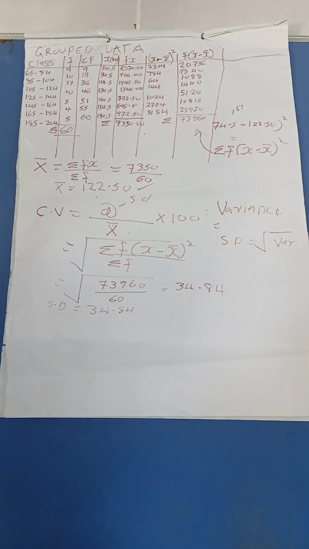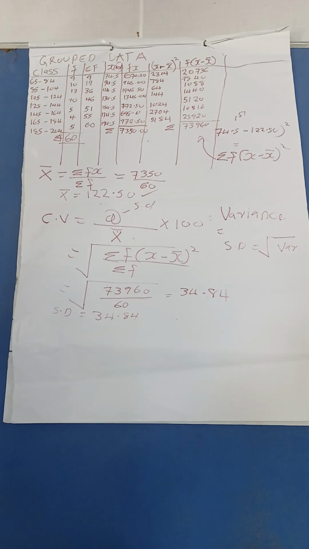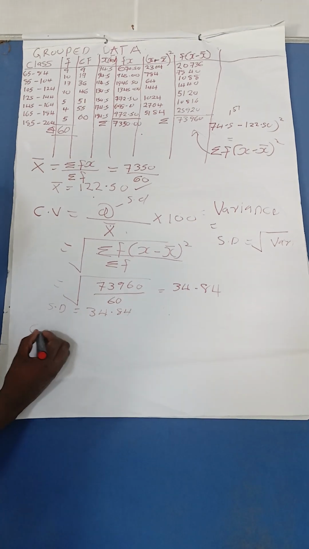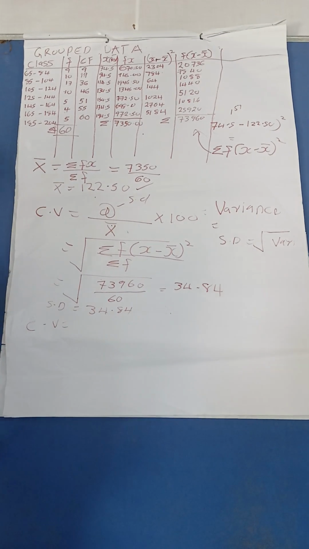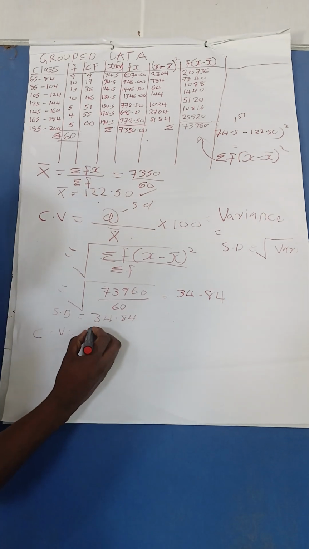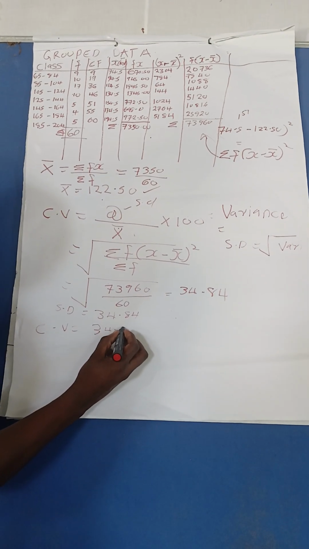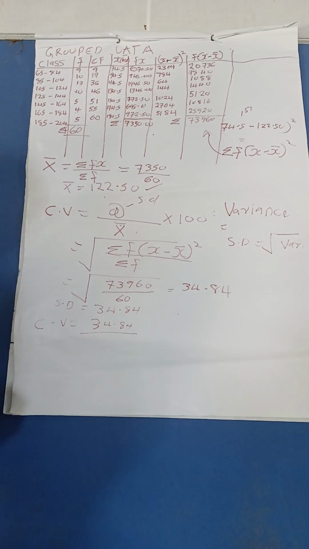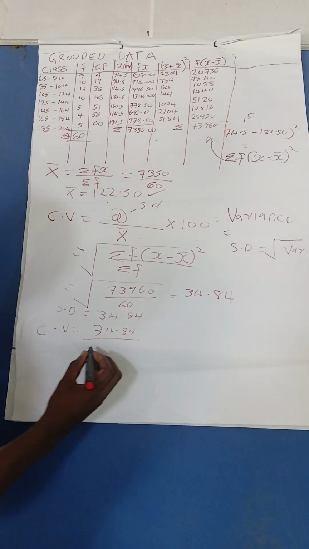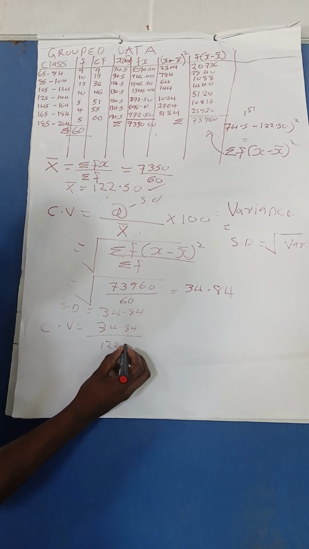Now we go to our question. The question wanted us to calculate the coefficient of variation. Now we already have the items to feed into the question. So the coefficient of variation in this case will be the standard deviation, which is 34.84. You divide by the mean. The mean we already calculated, 122.50.